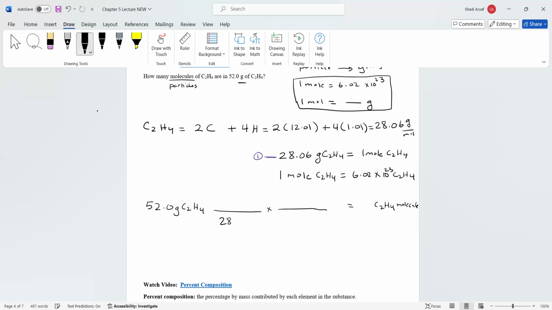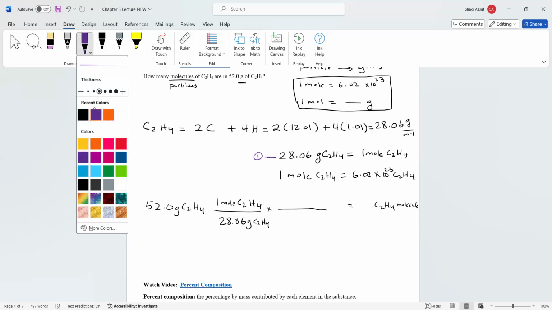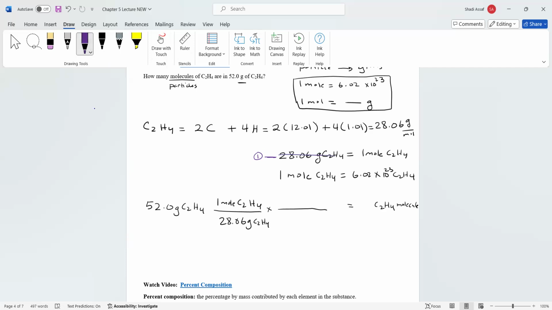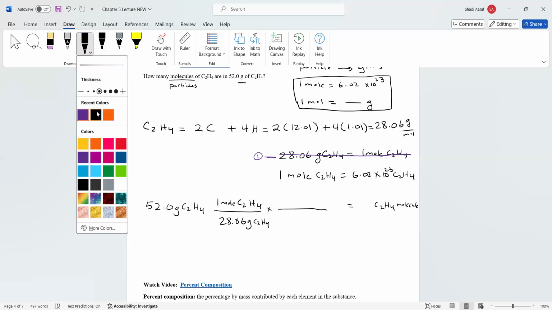So you have 28.06 grams of C2H4 and 1 mole of C2H4. Once again, I really like to cross out the conversion factor. Now I need to use the next conversion factor.